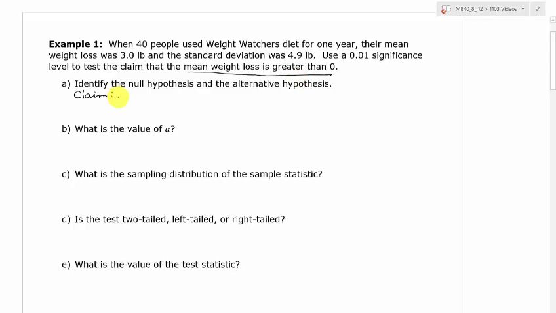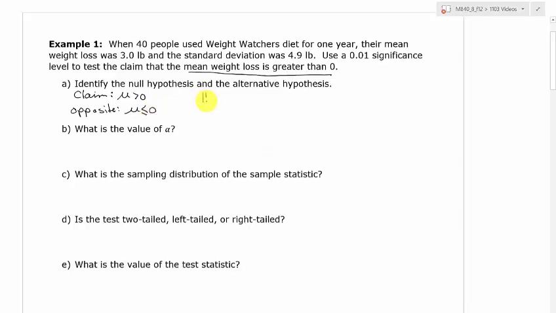So the claim is that the mean weight loss, that's mu, is greater than 0. And then you want to write out the opposite. The opposite mathematically to greater than is less than or equal to. So mu is less than or equal to 0.